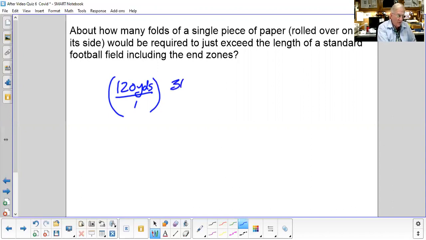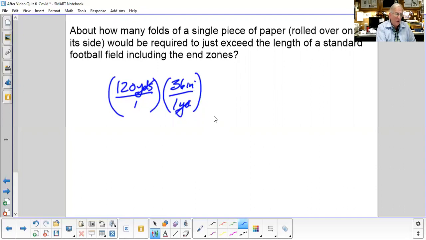So if 36 inches exist for every 1 yard, we'll put that on there. Now this answer would be in what? In inches. Now I want to get it into sheets of paper. So how do I do that?